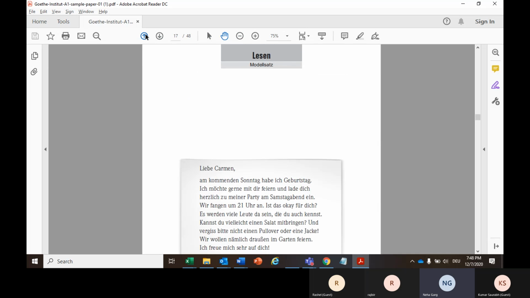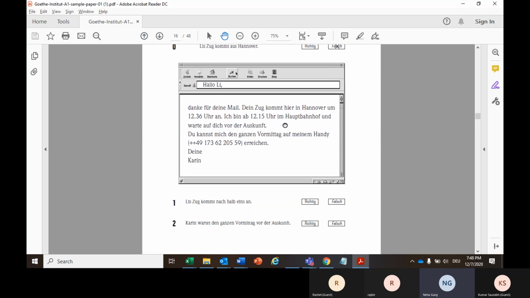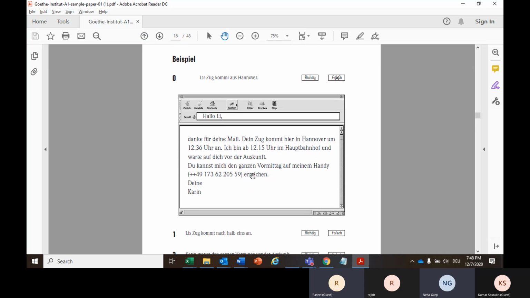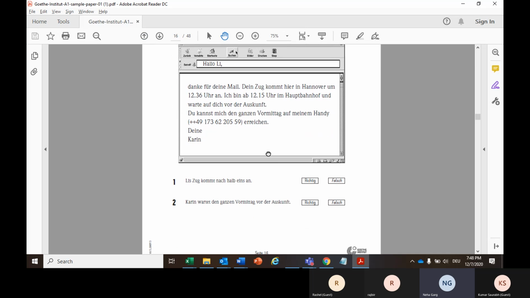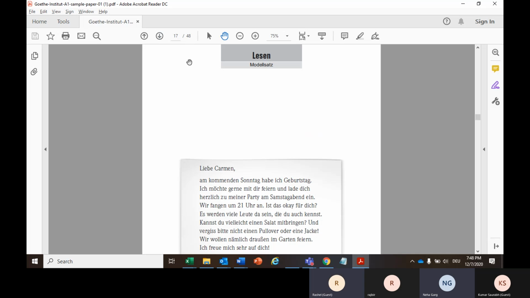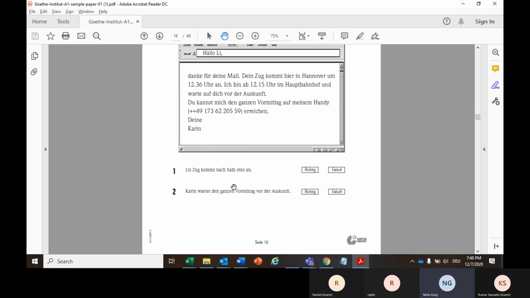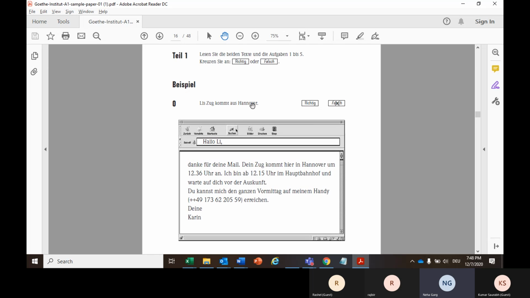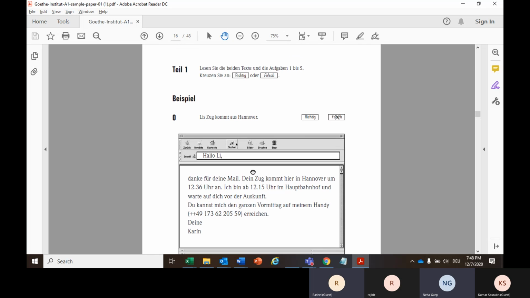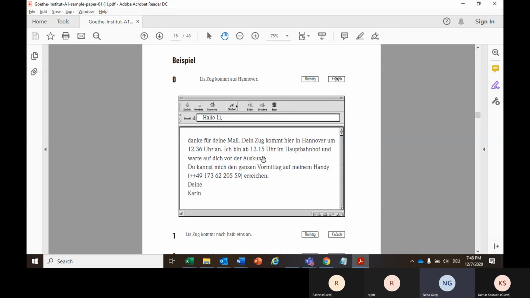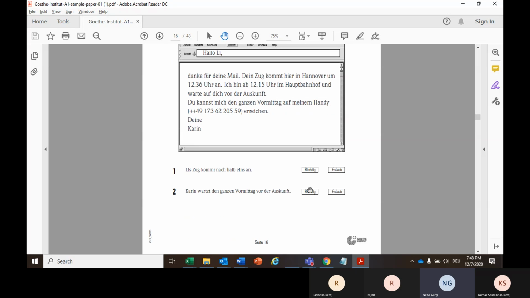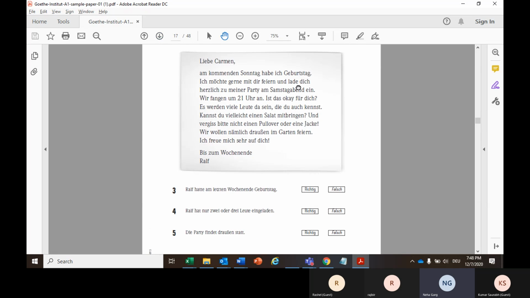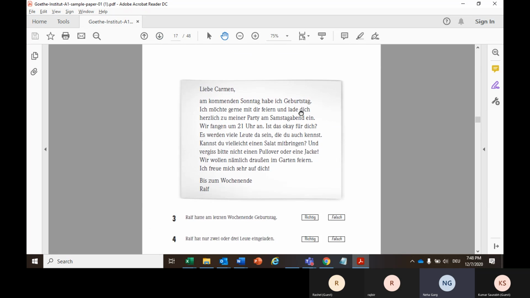For example, in Teil 1, there is one email given. You have to read the email, and then based on that email, you have to give the right and wrong answer. This is basically a Beispiel. For Teil 1, this is the email which you have to read, and based on it one Beispiel is given, and you have to give 2 answers from here.